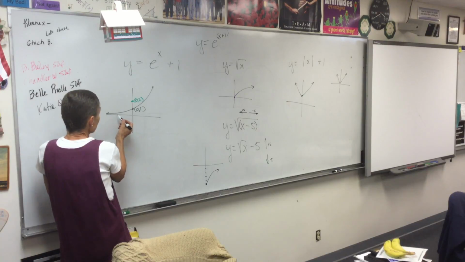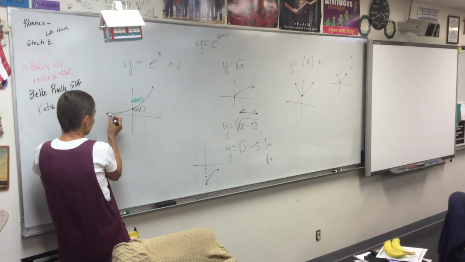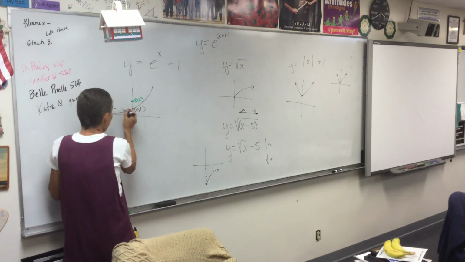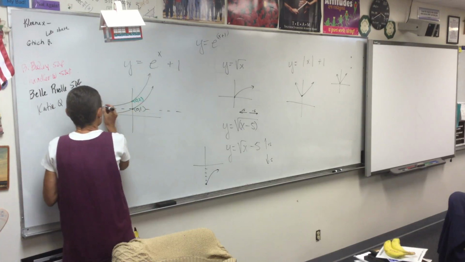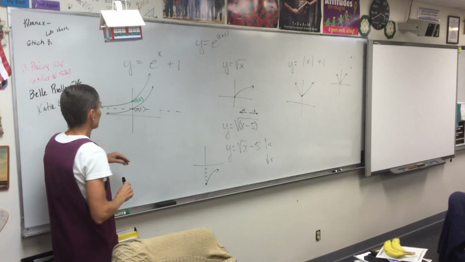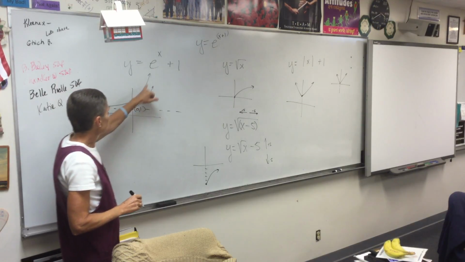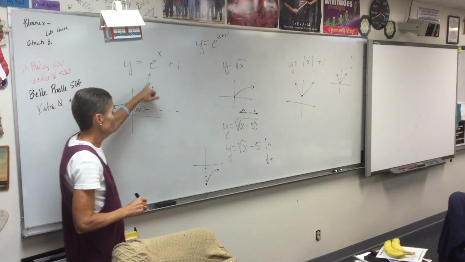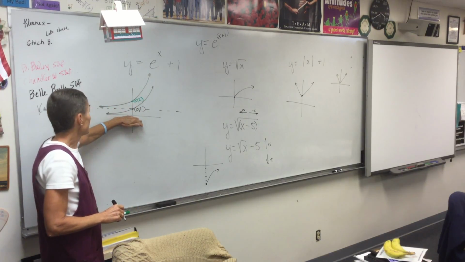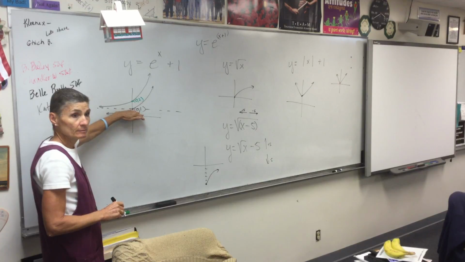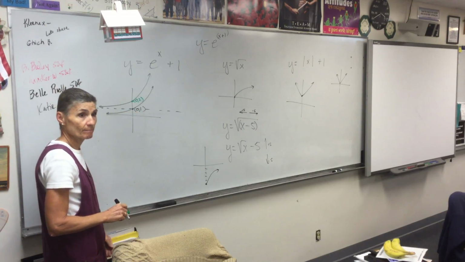And where this asymptote was, see how it's getting closer to 0? Now it's going to be getting closer to 1. I said I was going to do it green, and then I did it black. But that's the curve right there that we're talking about. The asymptote that was down here on the line got moved up 1, just like everything else on the curve.